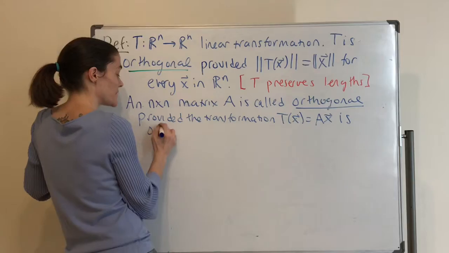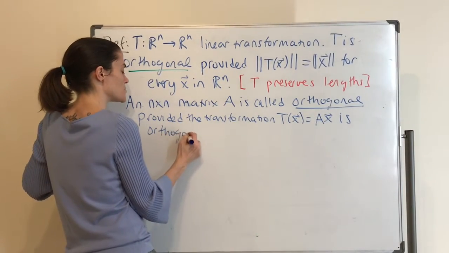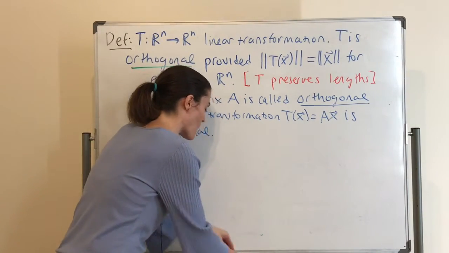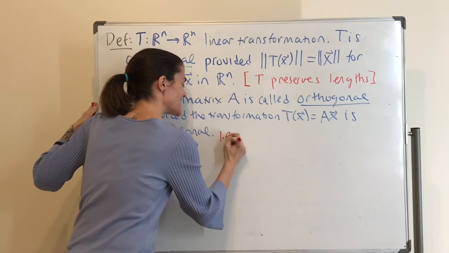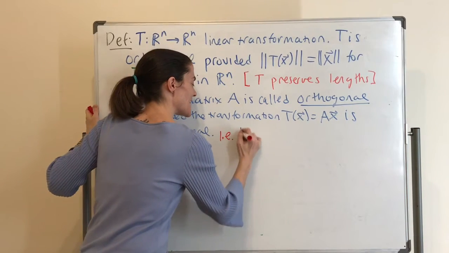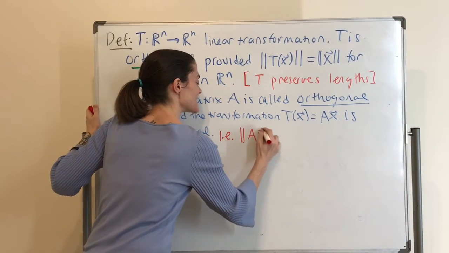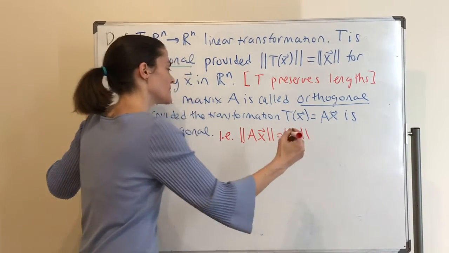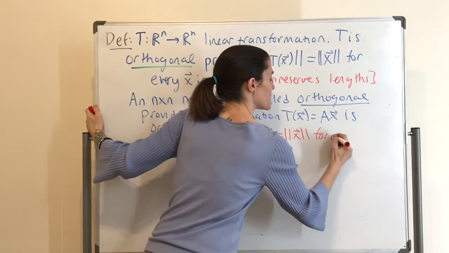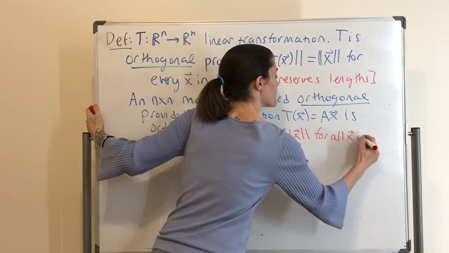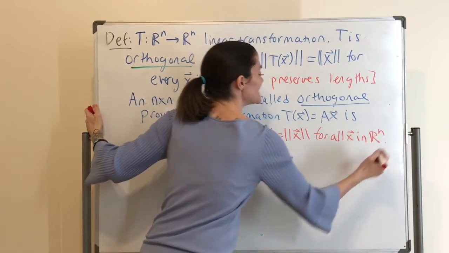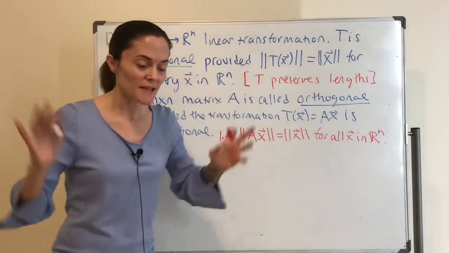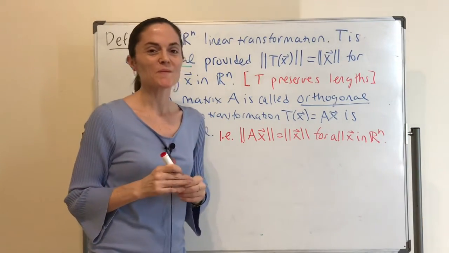So this is the definition of orthogonal matrix. I can unravel it even more. So in other words, the length of Ax equals the length of x for all x in Rn. We will see that this is equivalent to the columns being orthonormal.